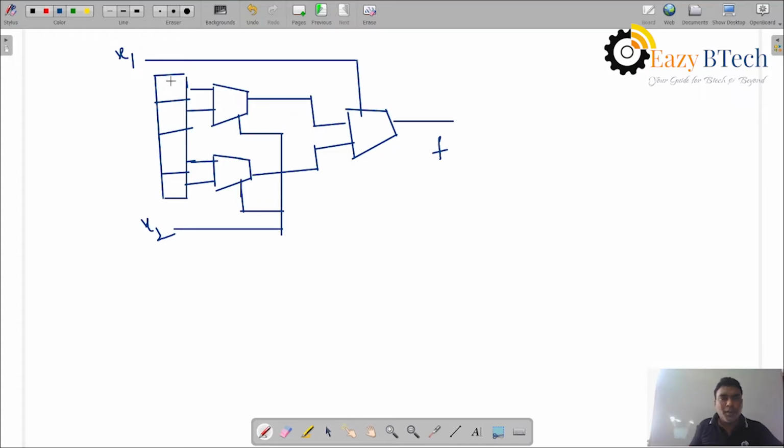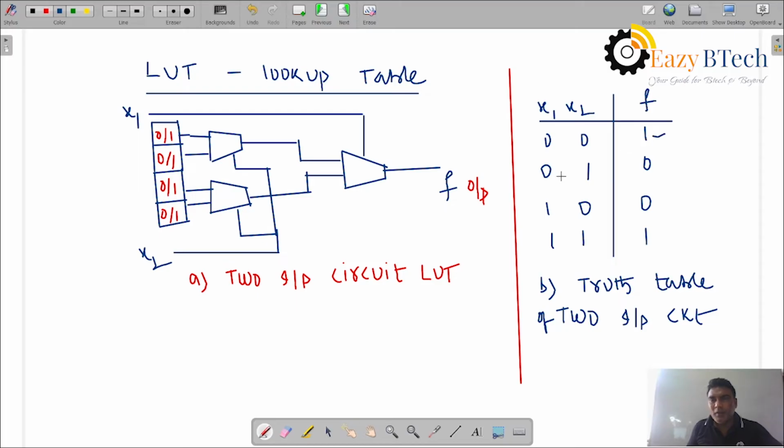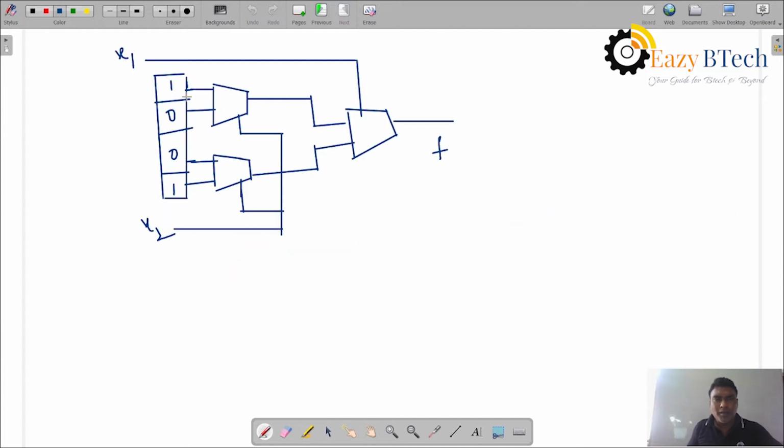When X1 X2 is 0 0, the functional output F is equal to 1. When 0 1, 0 will be taken. 1 0, 0 will be taken. 1 1, 1 will be taken.